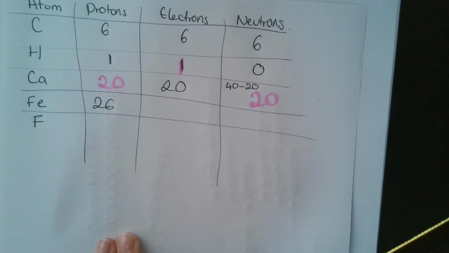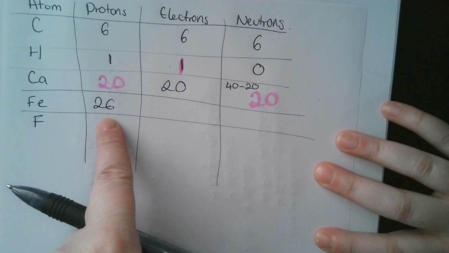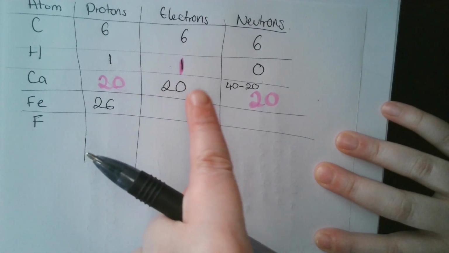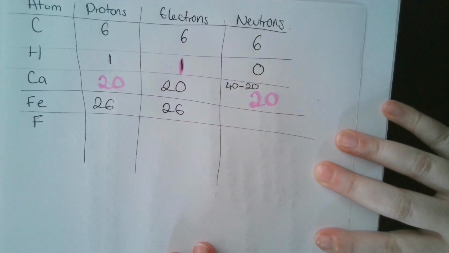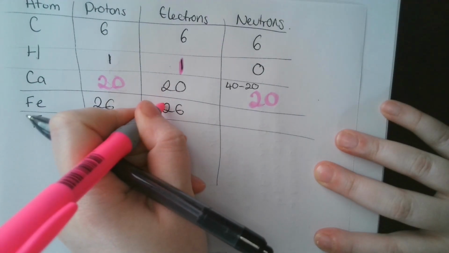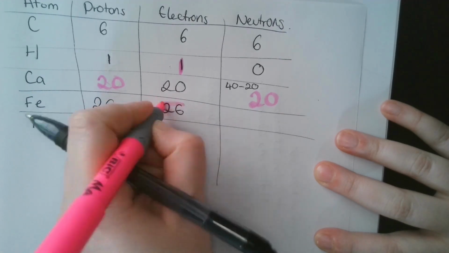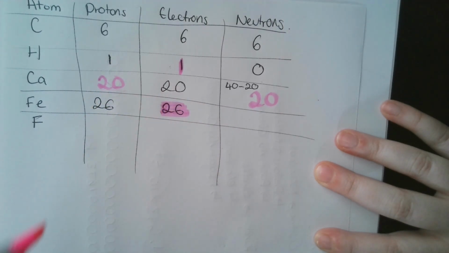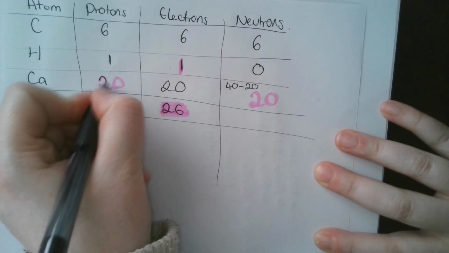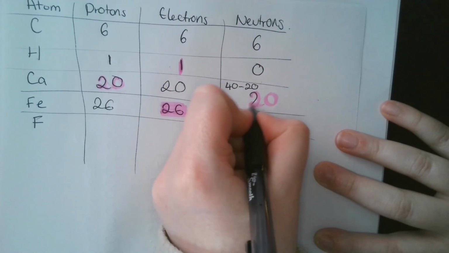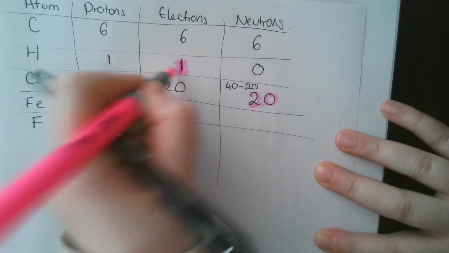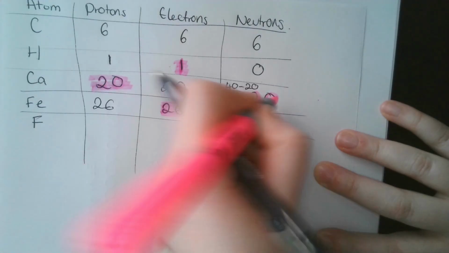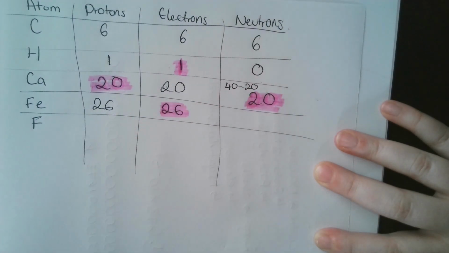Now iron, Fe, it's told us we've got 26 protons, so we must have the same number of electrons.